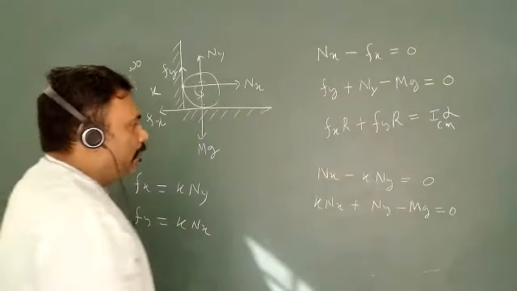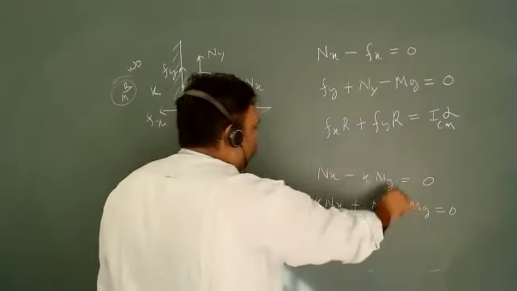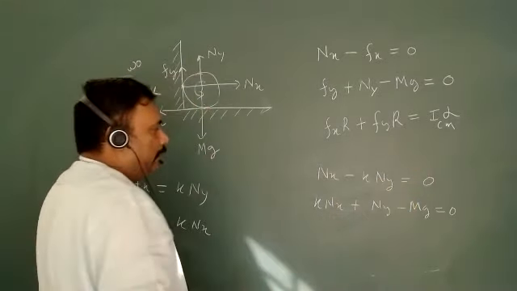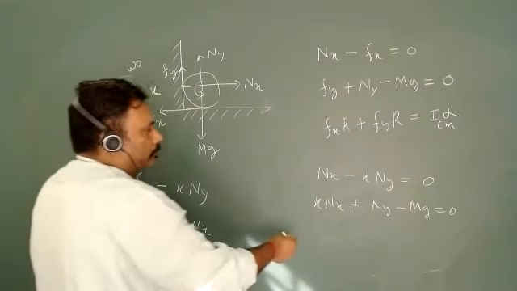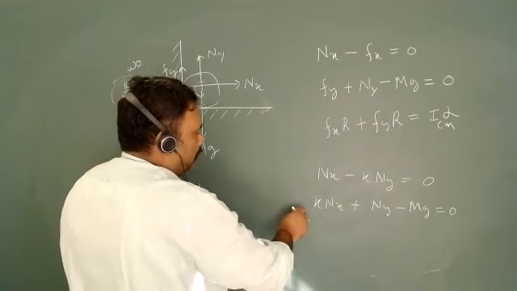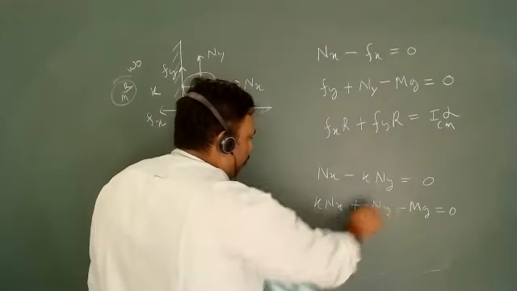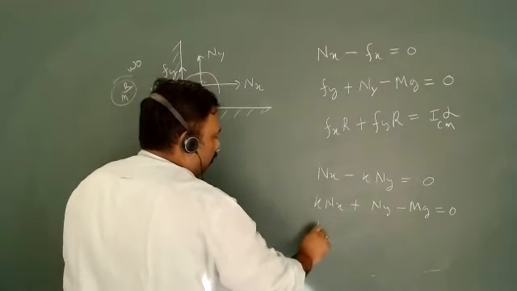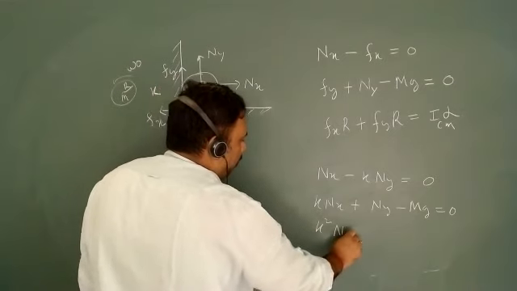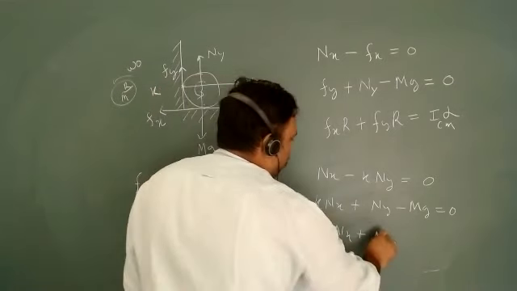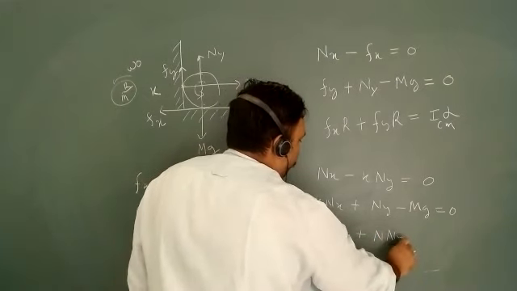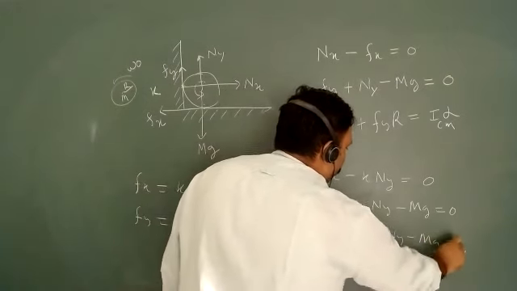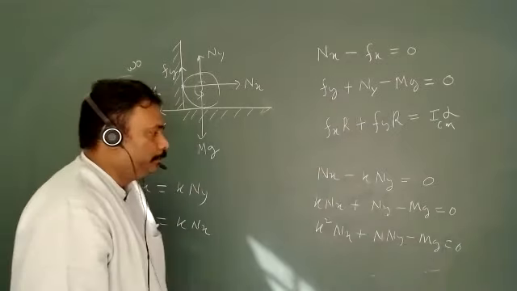So what I can do, I can multiply with K and add it, I can get the value of Nx, isn't it? Yes. Sorry, I can multiply K here and add it. So this will be K square Nx plus K Ny minus Mg is equal to 0.